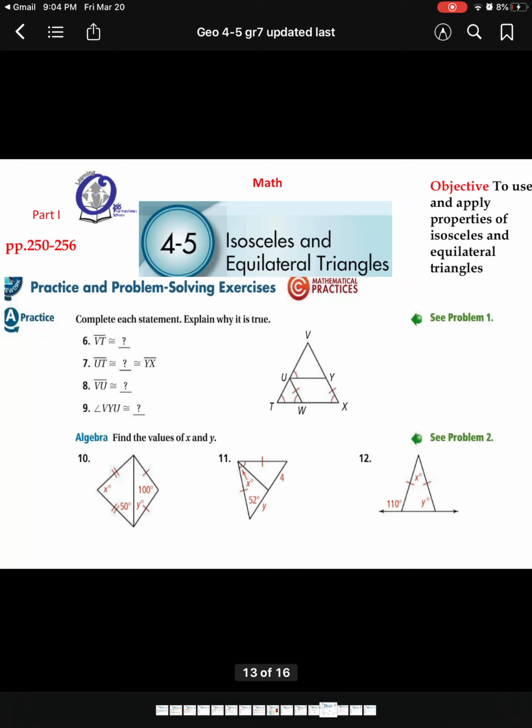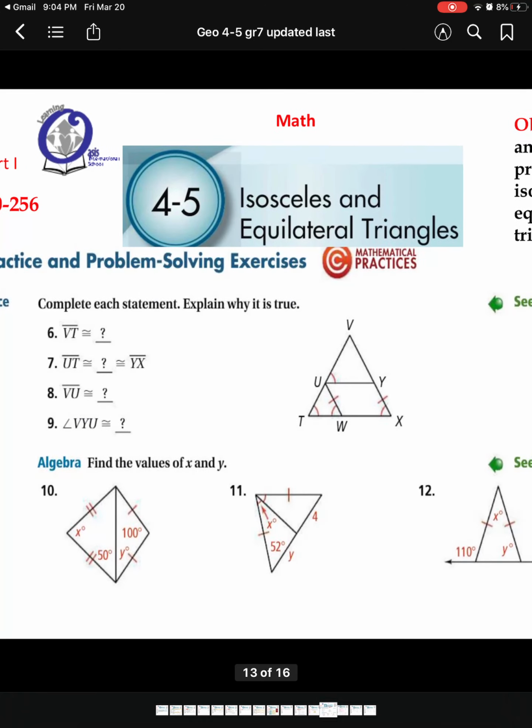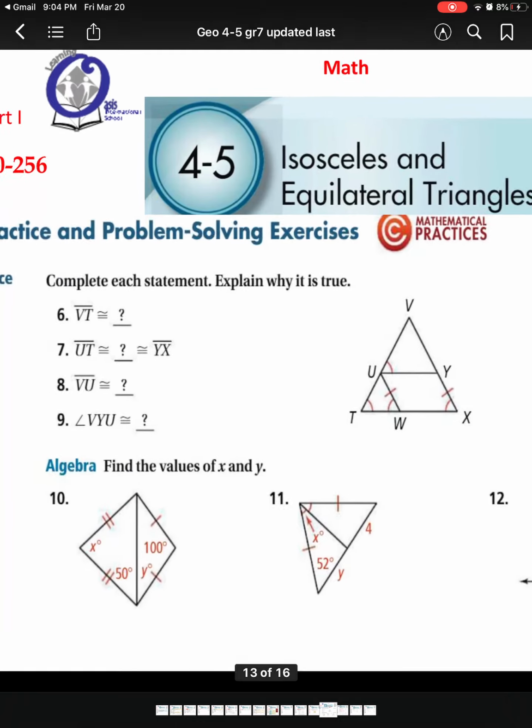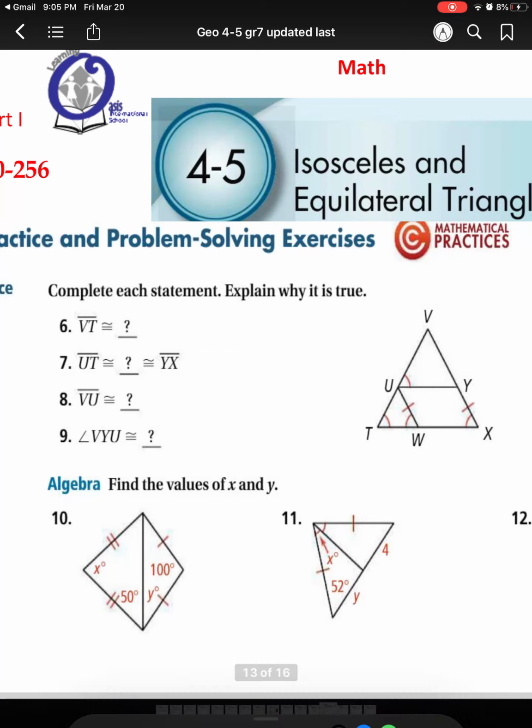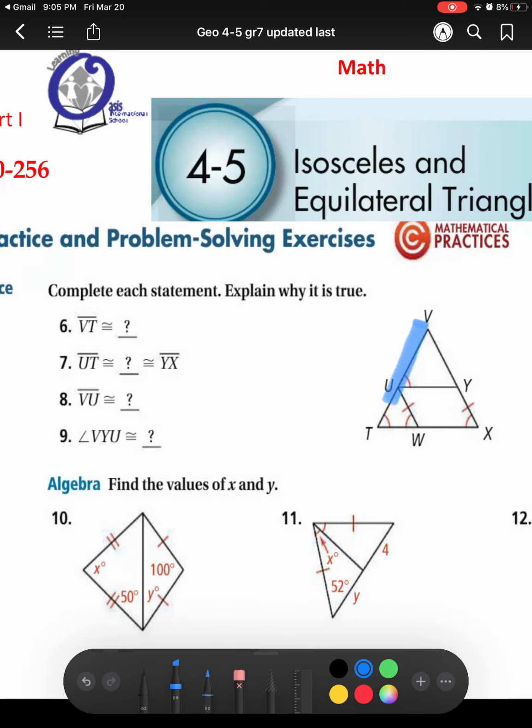We will solve one question in here. For completing the statements, we complete these statements based on our understanding of the theorem. VT is congruent to which side? I will mark VT for you. We need to see VT, so we are in the big triangle, VTX.